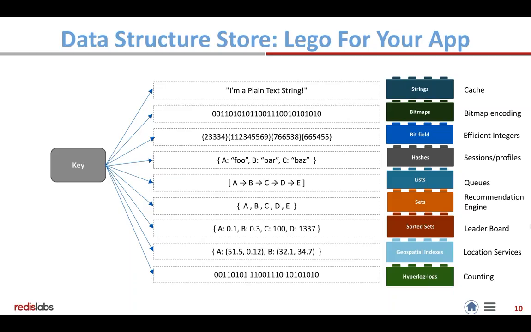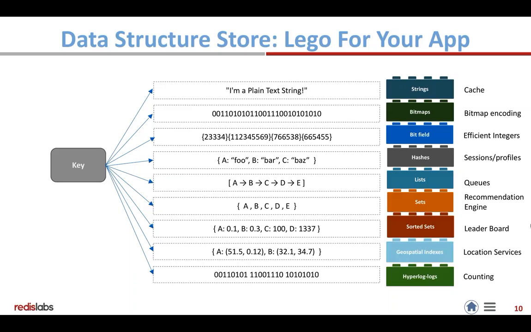They are like associative arrays or hash maps in Java or different languages. They all have that construct. So you are just using the language constructs to interact with Redis, which makes life much easier, development much faster for you. And you can use them as Lego blocks to build much more complex applications.